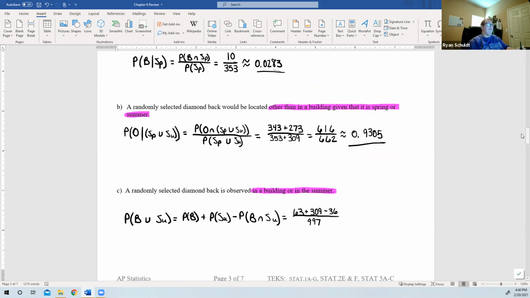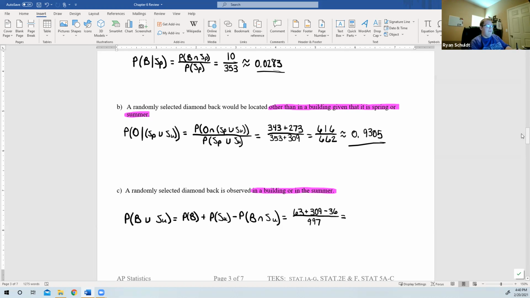Because if I didn't do it this way, I would have to do these individually: probability of building, 63 over 997, plus the probability of summer, 309 over 997. So I'm just calculating the top and then dividing by the bottom.